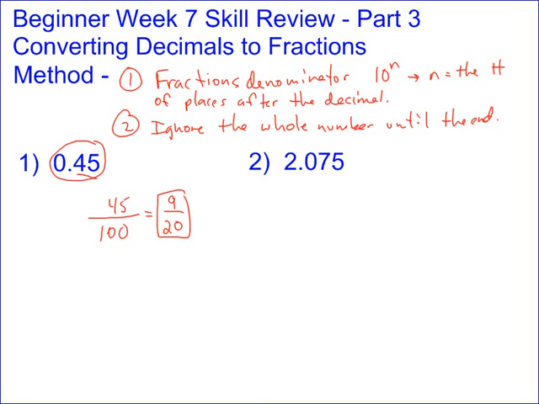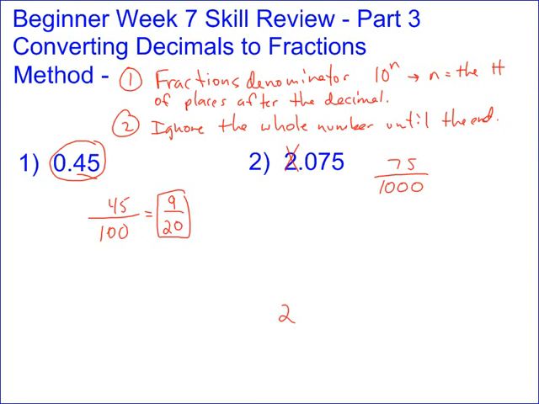If you know your fractions well, as we talked about before, the 20ths go up as 0.05 is 1/20th, 0.05 times 2 is 0.1, which is 2/20th, and so on and so forth. Okay, on the next one, again, ignore the 2 until the end, right? Our answer is going to be 2 and something. So let's just deal with the 75. Now notice on the 75, there are 3 decimal places, so I need 10 to the third, or 3 zeros.